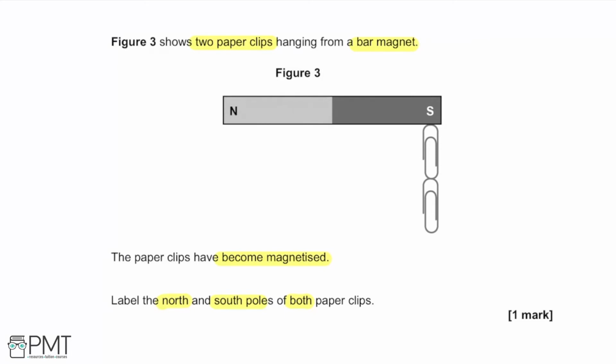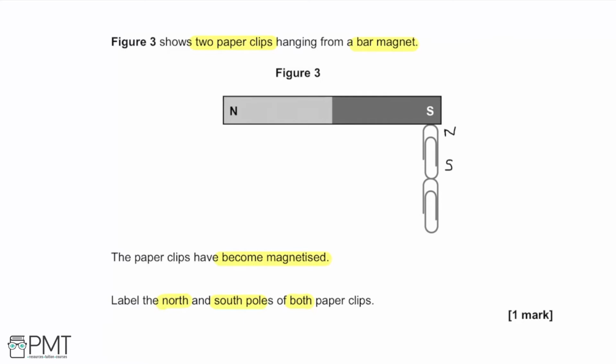So we can write that down here. We've got the N for north pole at the top of this paper clip. This will then be attracted back to the magnet as opposite poles attract. So we've got the south pole and the north pole attracting here, which is what keeps this paperclip attached to the magnet. As this paperclip's now an induced magnet, if the top is the north pole, then the bottom of this paperclip must be its south pole.